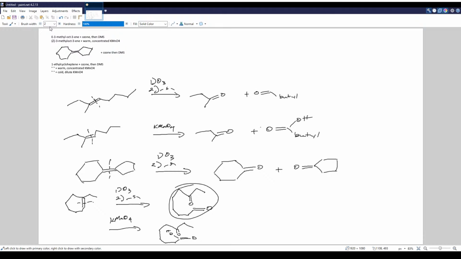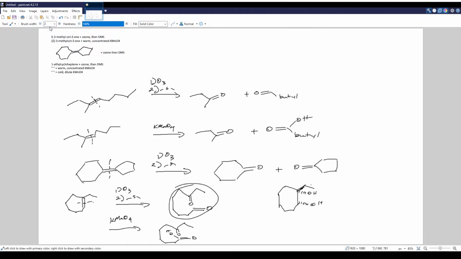Okay, so this is apparently what happens whenever you have cold dilute KMnO4. You get a cis dihydroxylation. So if it's like this, then we'll get. Now, is that a mechanism that I know? Syn hydroxylation uses osmium.